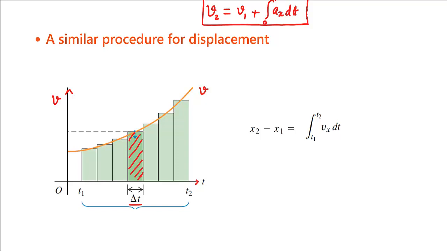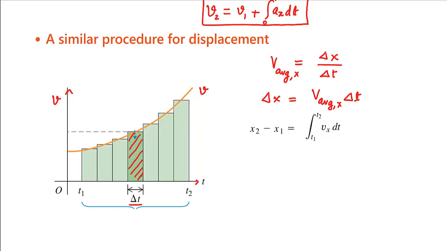So if you remember, we defined average velocity in the x direction as equal to change in displacement divided by change in time. So from here I can say delta x is equal to the average velocity in the x direction multiplied by delta t.